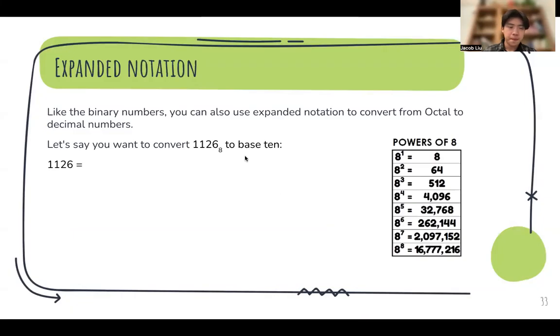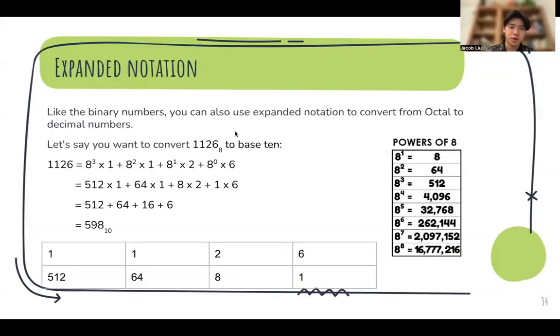Now, say you wanted to convert an octal number to base 10. You can use expanded notation for this, just like with binary numbers. For example, 1126 in octal is equal to 8 to the power of 3 times 1, plus 8 to the power of 2 times 1, plus 8 to the power of 1 times 2, plus 8 to the power of 0 times 6.